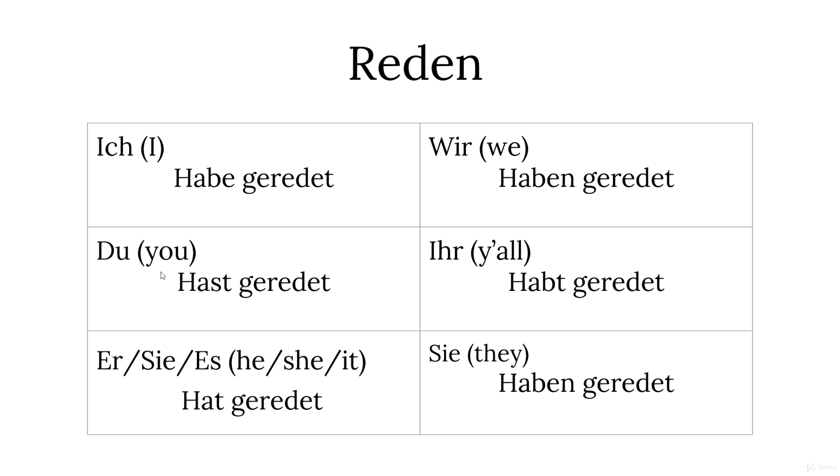Ihr habt geredet. And Sie haben geredet. Geredet is the new form of the verb reden, and it's the one that should be learned by heart. And it takes the verb haben, therefore you only have to change this verb, haben. And that's it.